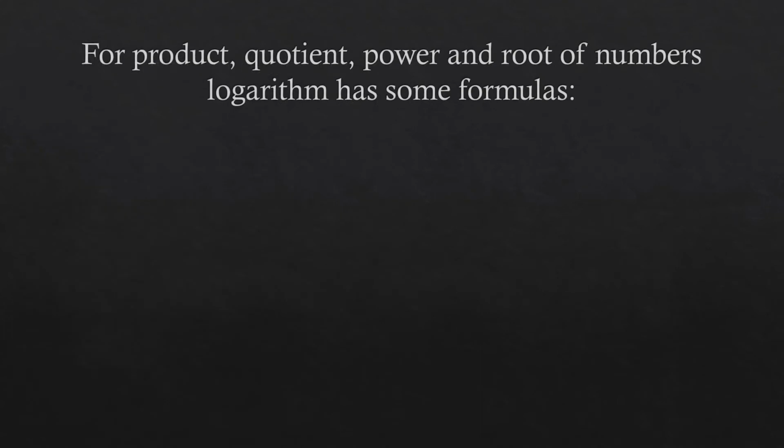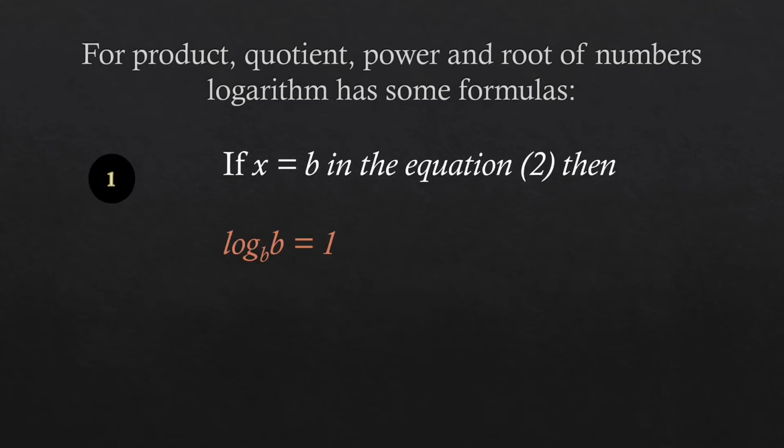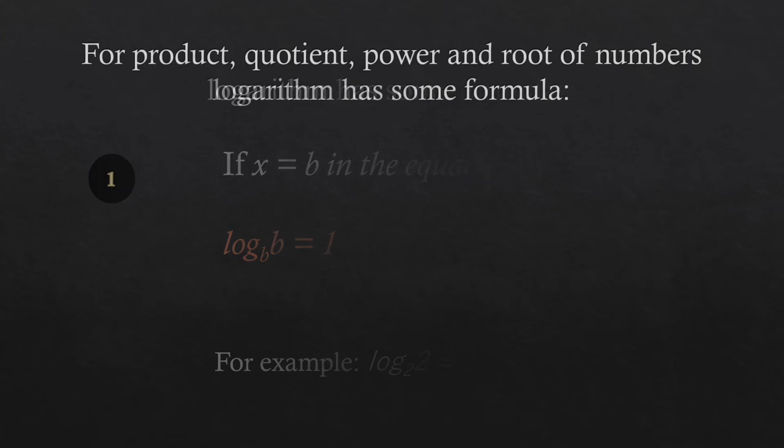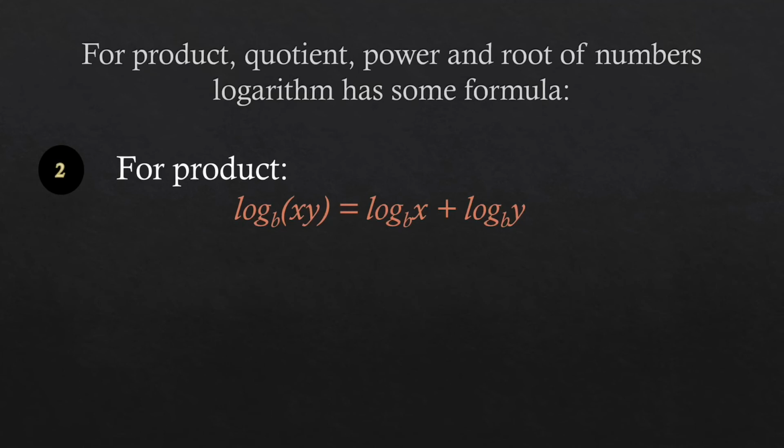For product, quotient, power and root of numbers, logarithm has some formulas. Number 1, if x equal to b in equation 2, then log base b of b equal to 1. For example, log base 2 of 2 equal to 1. Number 2, for product, this is the formula of product. This formula allows us to split the product of x and y into its addition form, like this shown on the screen.